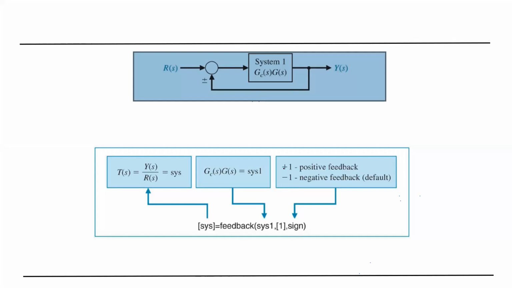If it is positive, we put plus. If you don't put plus or minus, it takes negative feedback as the default, and that's basically what we will be using. If I have a block here, rather than the 1, I can write the system given by this diagram, and that will reduce the system into a single block.